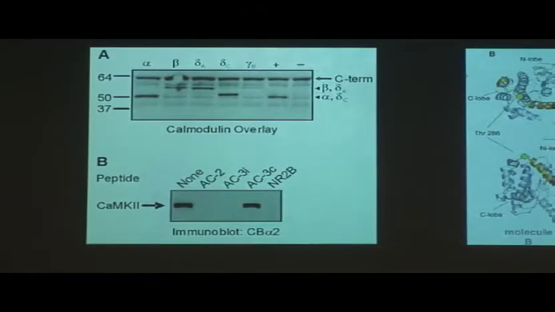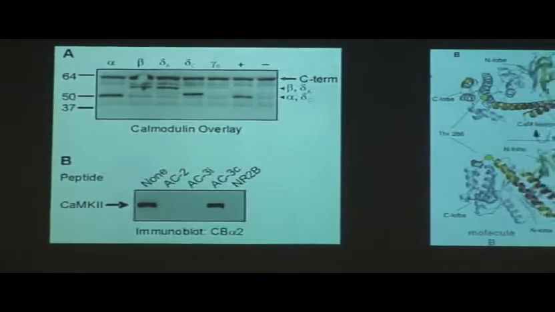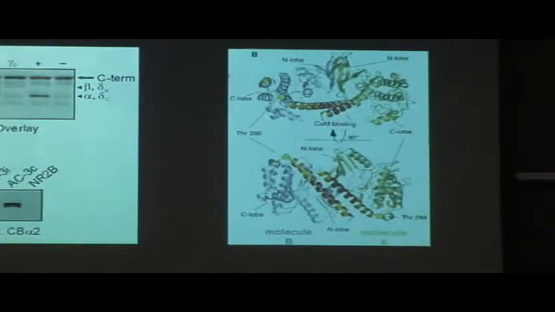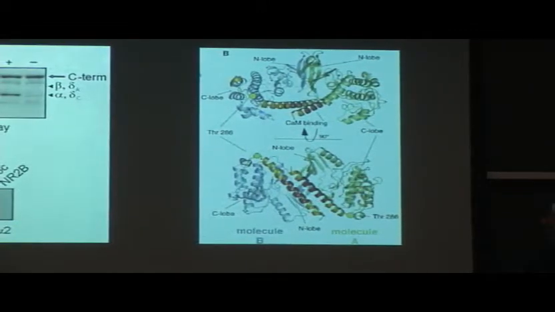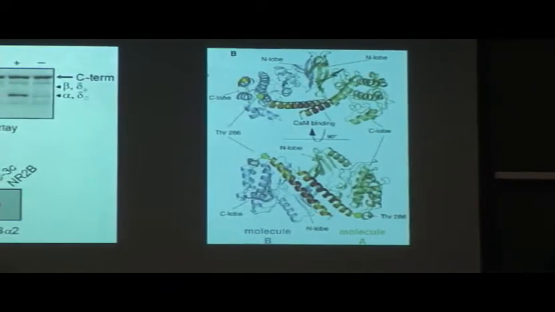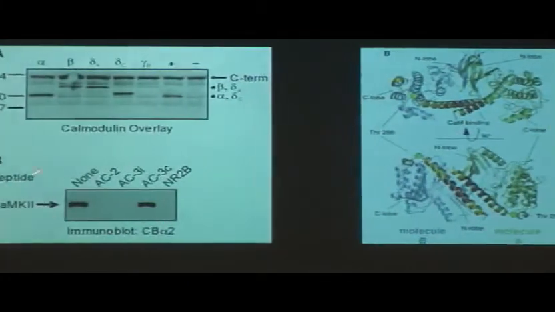And so we then designed peptides that corresponded to the autoinhibitory domain. This is also based on work looking at CaM kinase interaction with the NR2B and NR2A subunits of the NMDA receptor. What you see here is when you design peptides that correspond to the autoinhibitory domain, they block the interaction.